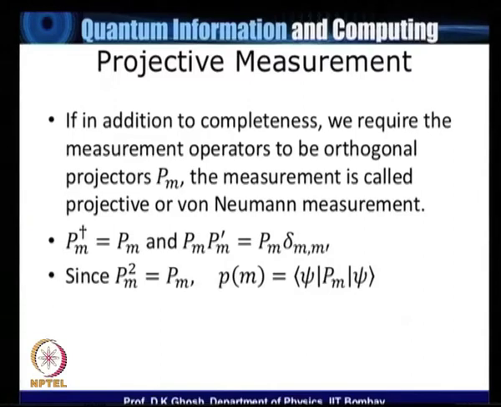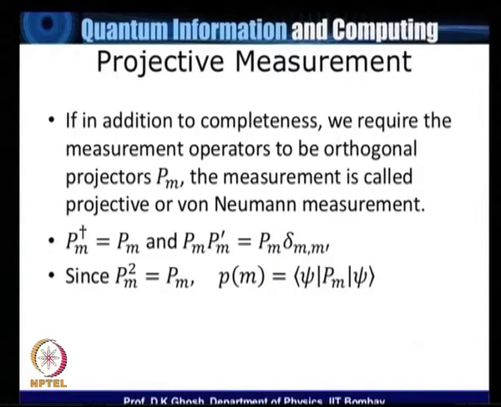Remember, we talked about the orthogonal projectors onto the one-dimensional subspace of the relevant Hilbert space. And so instead of calling it M_m, since these are projectors, let's call them P_m. These measurement operators we call projective, also known as von Neumann measurements.